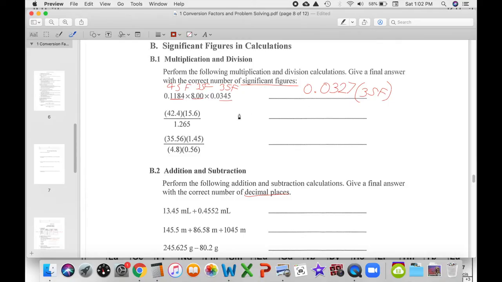Okay, so let's try something from part B2, which is a very similar type of problem, except instead of doing a multiplication or a division, we're doing addition and subtraction. So if we look at this first example, we are adding together 2 numbers. We can do that on our calculator really straightforwardly.